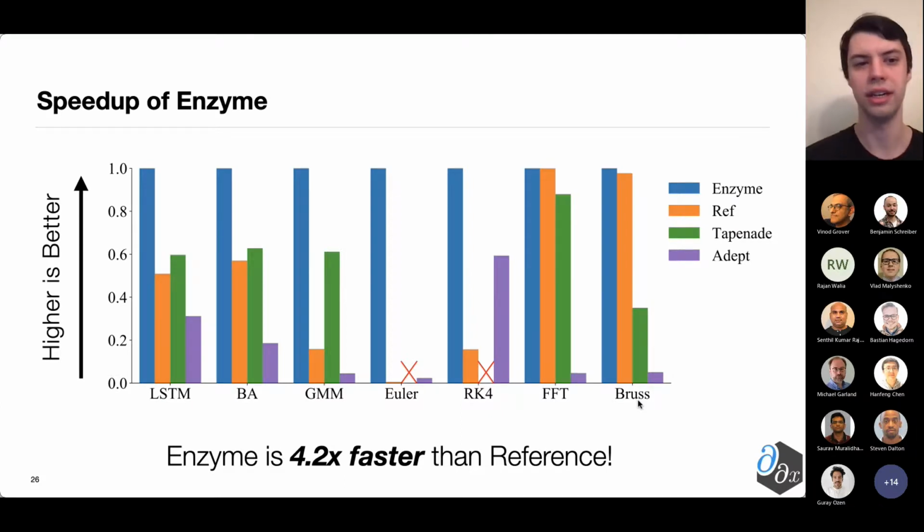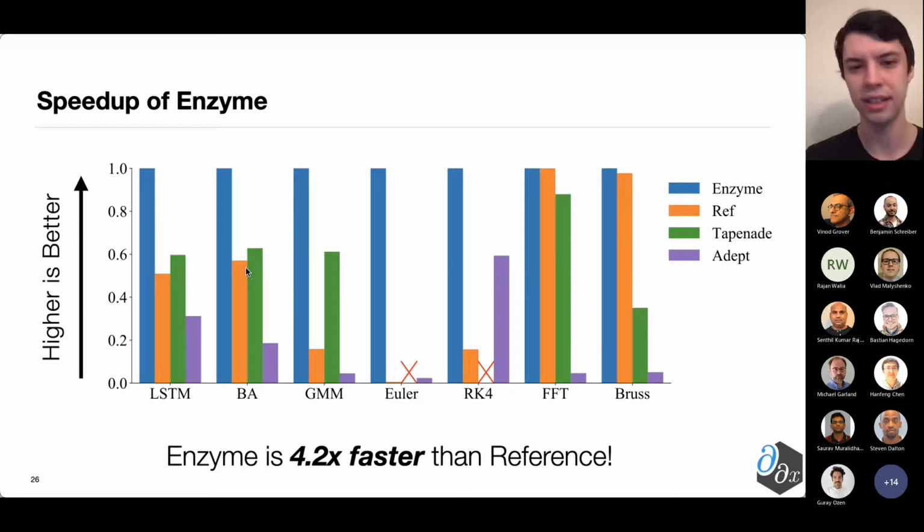Now, it's also interesting to look at how Enzyme's able to stack up against the state-of-the-art tools regardless. So if we look at, for example, the LSTM and bundle analysis case, we see that the reference pipeline is very similar in performance to Tapenade, and thus we can conclude that the reason that Enzyme overall is able to get a speed up above Tapenade probably is because we're able to run those optimizations first.